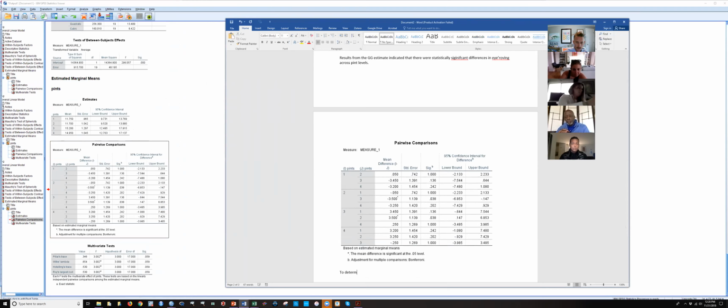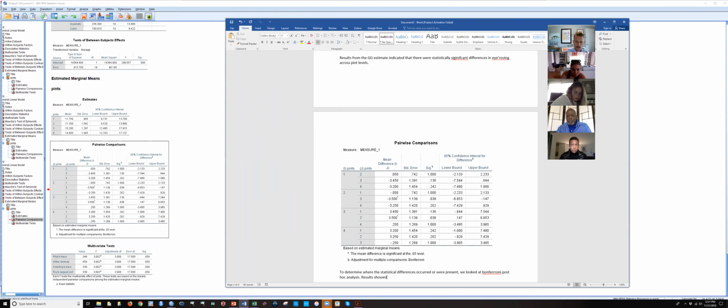To determine where the statistical differences occurred, we looked at Bonferroni post hoc analyses.